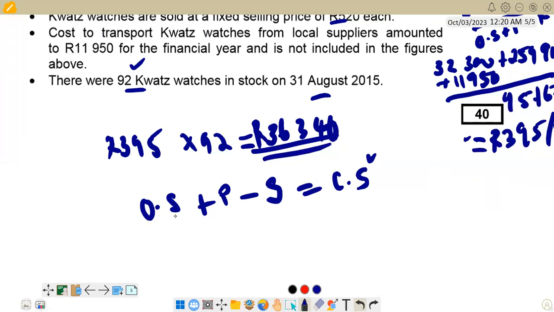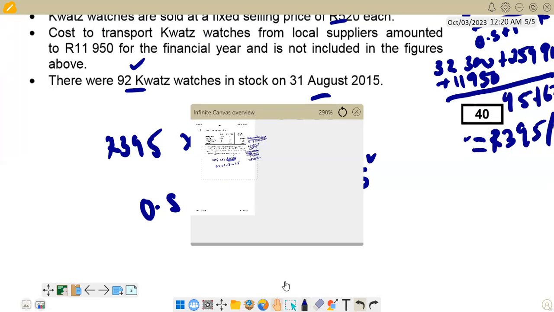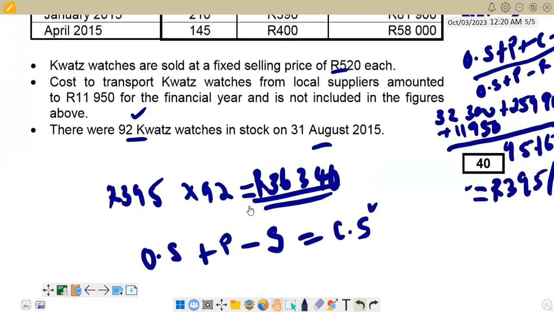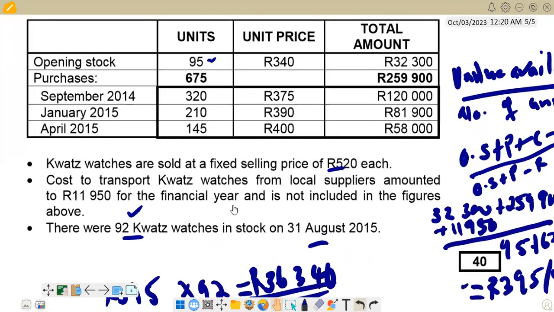So for opening stock, let's see the number of units that we have there. If we check there, for opening stock, we've got 340 units. And then we add 95 units. Then we add 675.